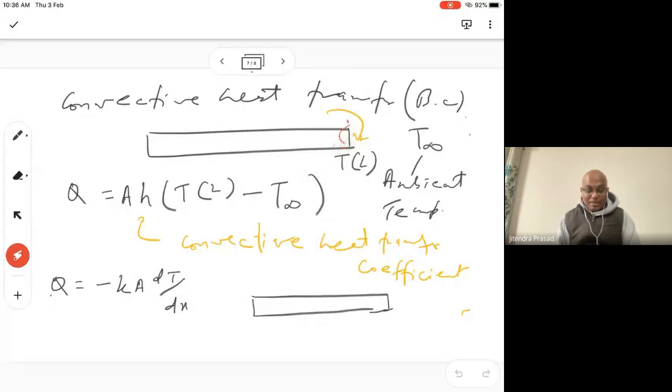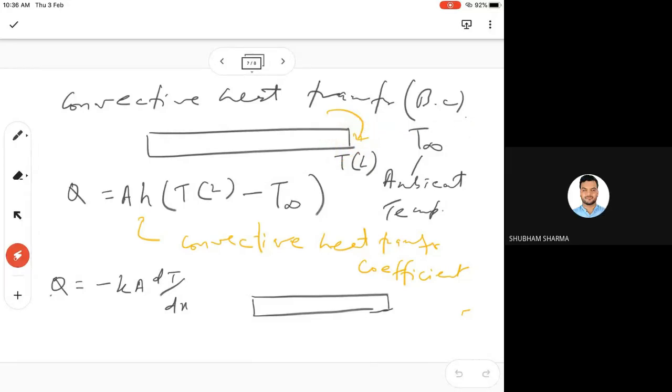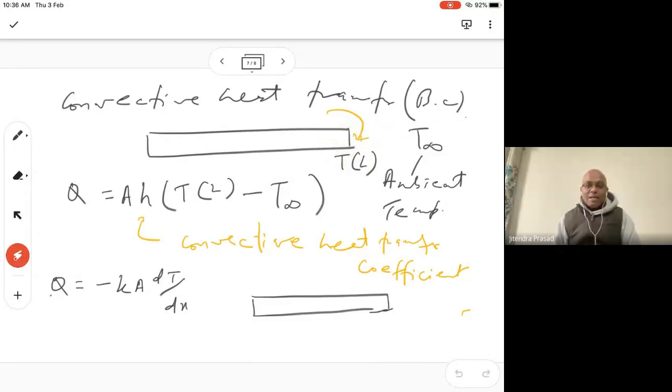And the third heat transfer is radiation, but radiation is quite non-linear. T to the power 4, you remember, sigma T to the power 4, so Q equals sigma T to the power 4.